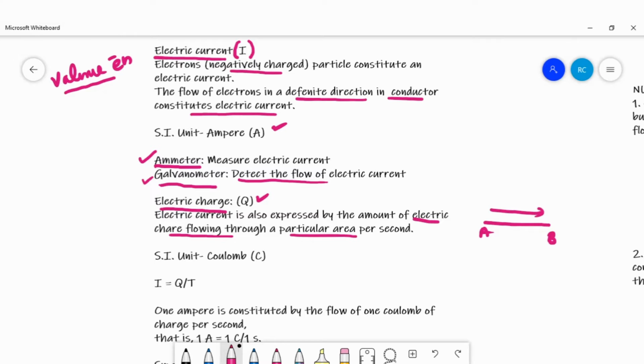So electric current can also be represented in terms of electric charge. The SI unit of charge is coulomb, and it is represented by the symbol C.